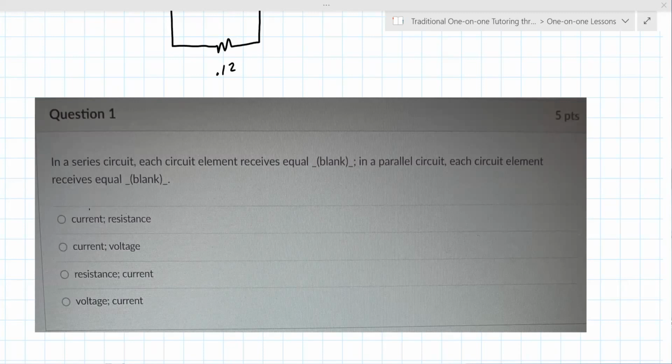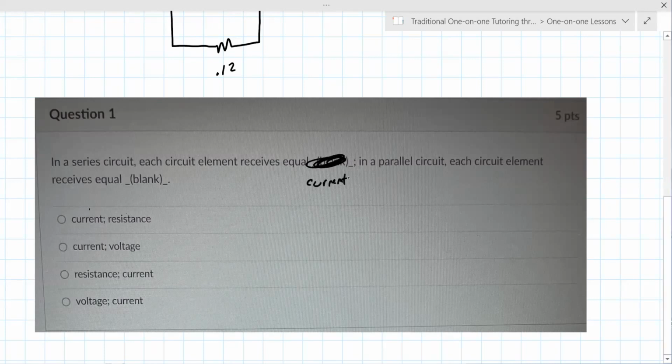In a series circuit, each circuit element has the same... I mean, this is just a definition.